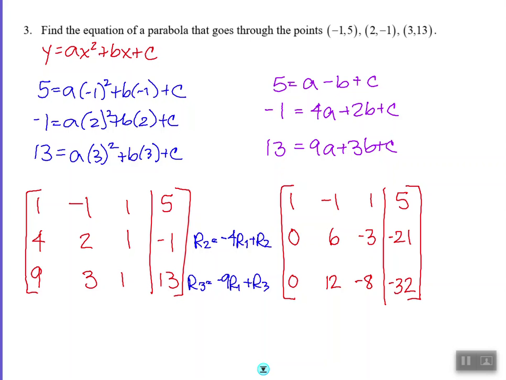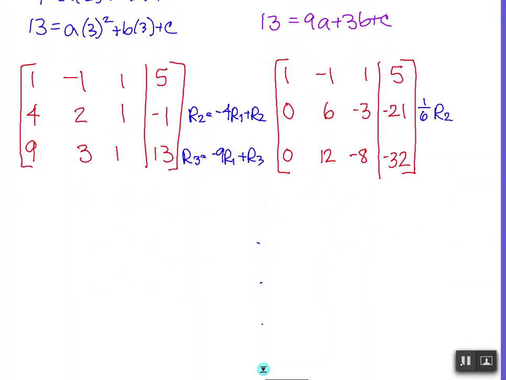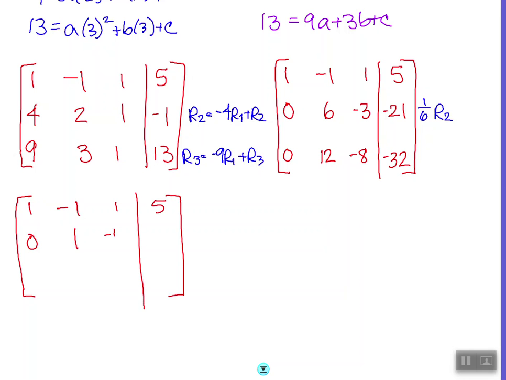The next thing I need to do is make second row, second column a 1. So I'm going to do that by multiplying row 2 by 1/6. So if I multiply row 2 by 1/6, I'm going to get 0, 1, negative 1/2, and negative 7/2.